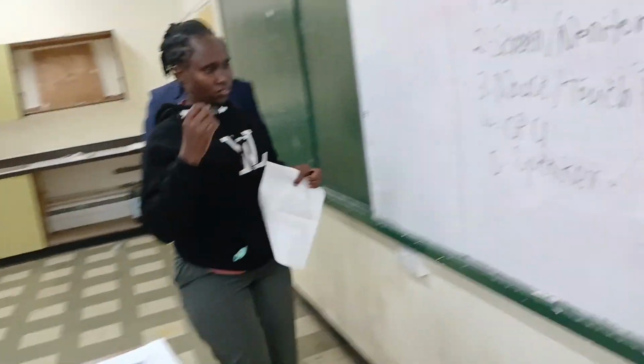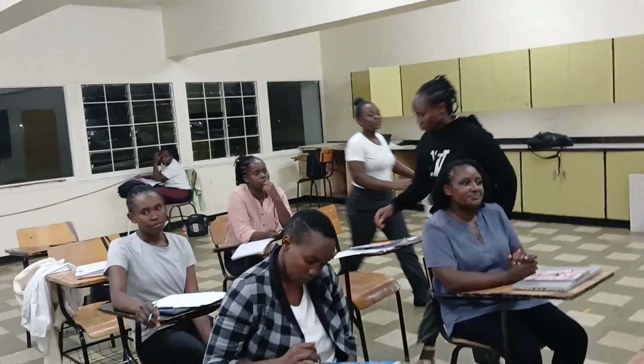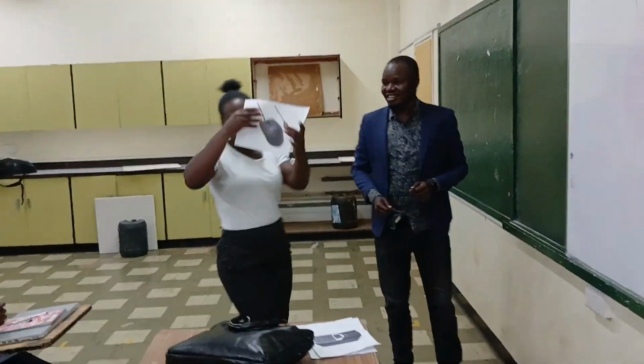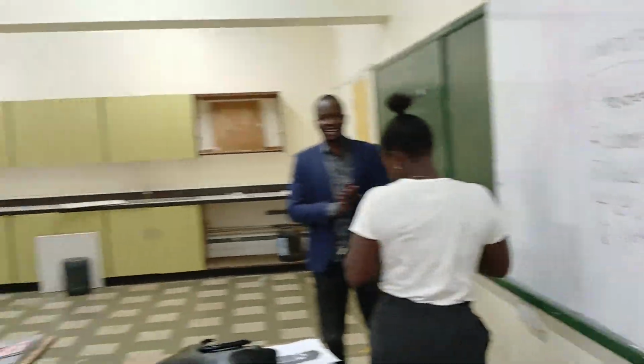Group 2, come with your picture. You show the class. That is the CPU. Is she right? Group 3, can you show us your picture? What is that? Mouse, can you clap for group 3?